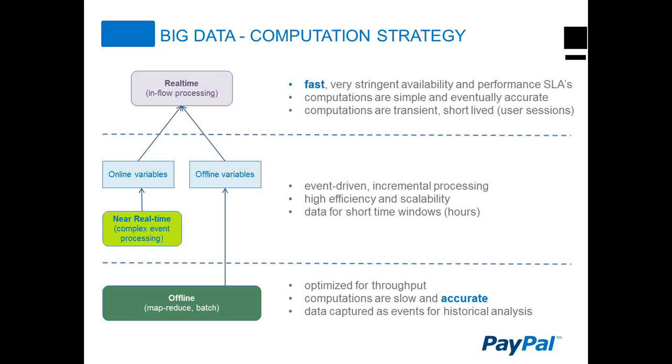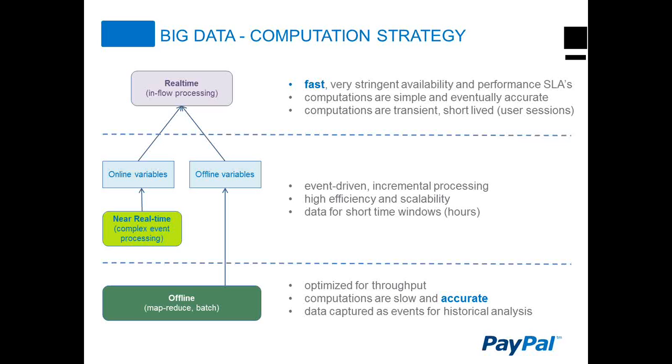Then there's a layer on the top, which is real-time processing. This is where we want to shoot for optimal speed, the ultimate speed. The response time SLAs are very stringent. This is where we need to achieve high availability of the system as well. The computation that you want to do in real time has to be very simple, and this is not the place where you want to shoot for accuracy, because accuracy really means analyzing large amounts of data.